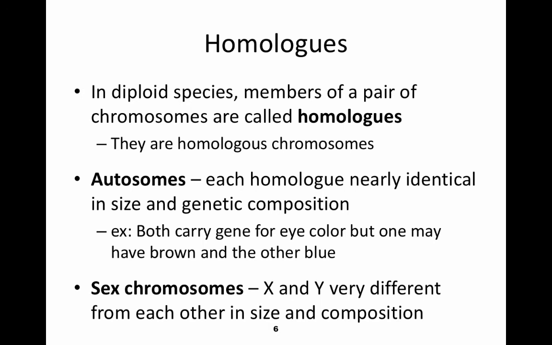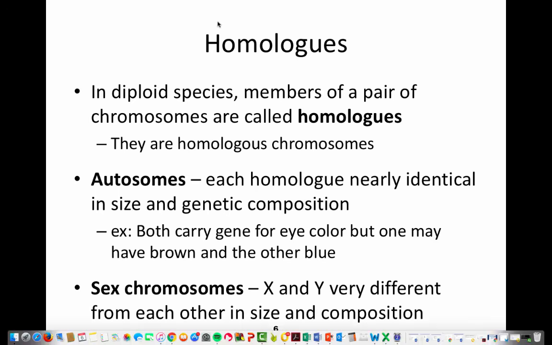Now, when we're talking about homologs, that's when we were talking about the two sets, that every chromosome from your mom has one that you pair up with from your dad, and that's what's called a homolog. So think homo as in same. So essentially, those are what are known as homologous chromosomes.